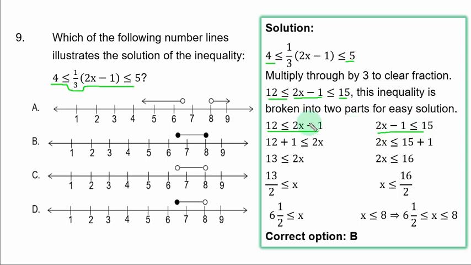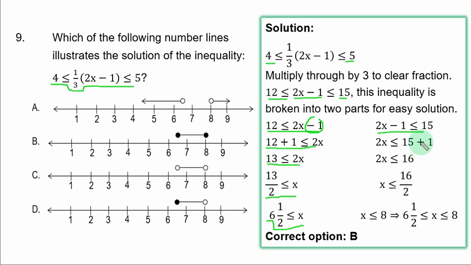Okay, so you solve both. So let's collect like terms. If you move minus 1, you have 12 plus 1 less than or equal to 2s. If you add, you have 13 less than or equal to 2s. Divide both sides by 2, you have 13 over 2 less than or equal to s, and you have 6 whole number 1 over 2 less than or equal to s.